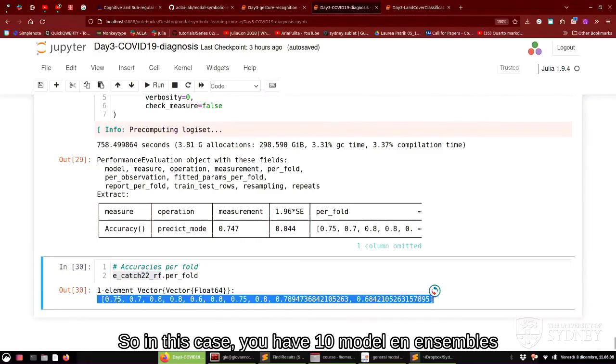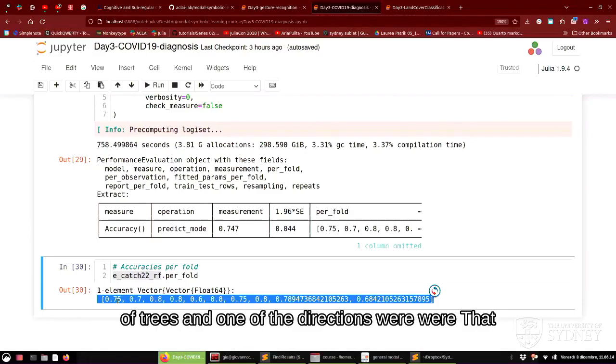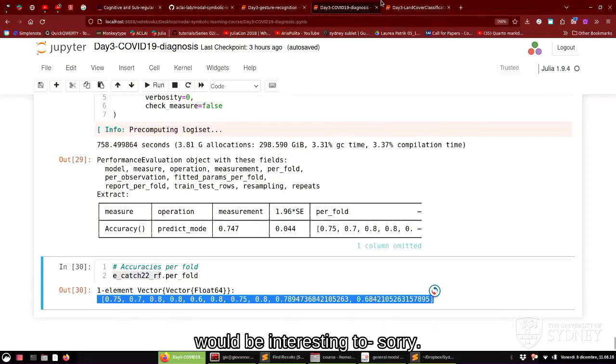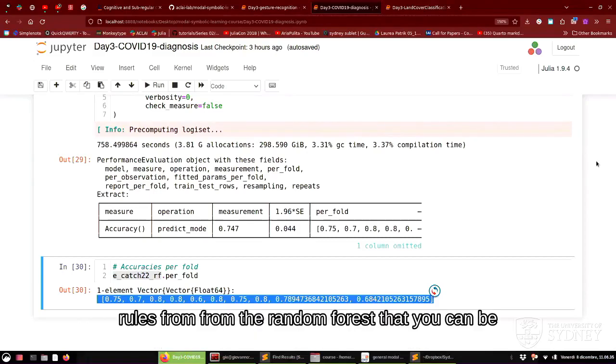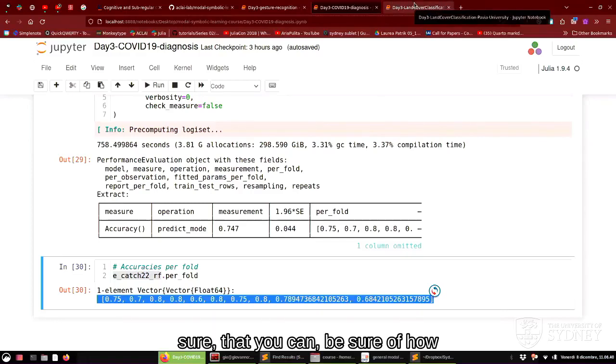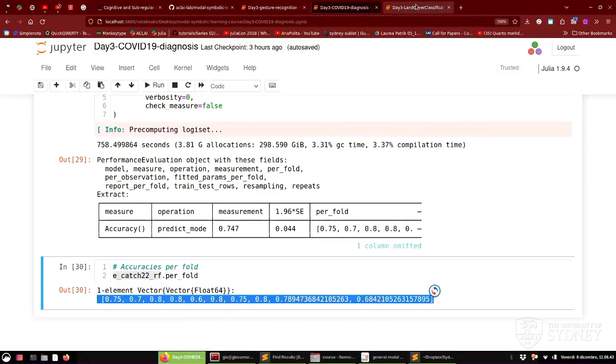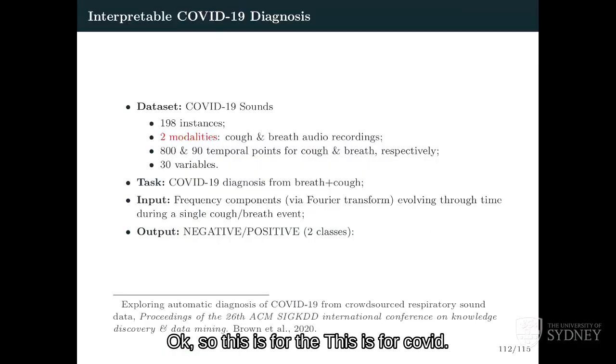So in this case, you have 10 model ensembles of trees, and one of the directions that would be interesting to investigate would be how do you systematically extract categorical rules from the random forests that you can be sure of how they perform.